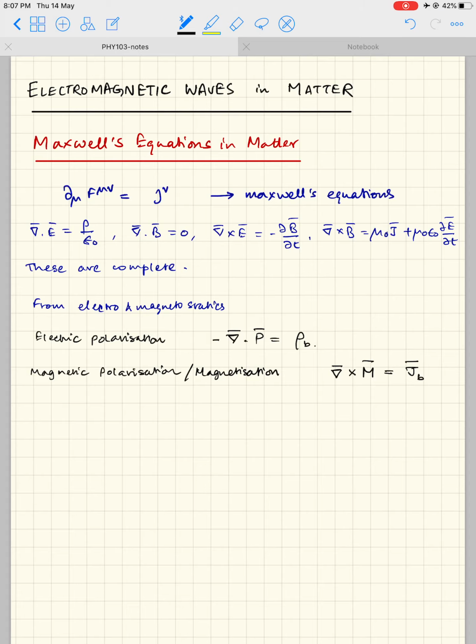So in the non-static case now, there's going to be one change, okay? One new feature. What is that?